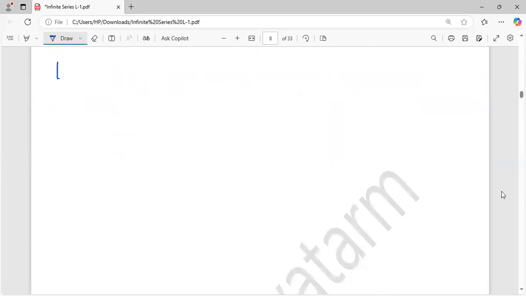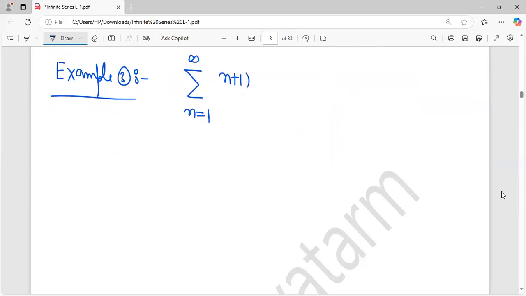For example 3, this series summation n goes from 1 to infinity n plus 1 upon n. So an is equal to n plus 1 upon n. What is limit n tending to infinity an?